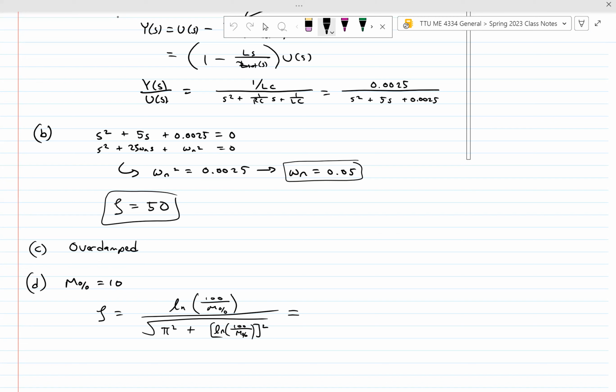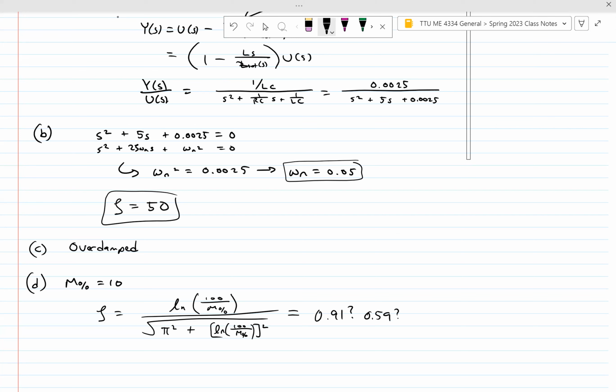0.91, I don't think that's right. I'll write it down. I had something different, but my notes can be wrong with these types of numbers. I change the problems a lot. 0.59.